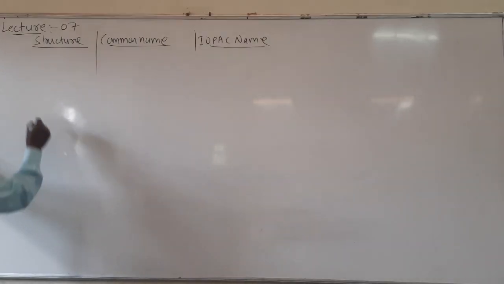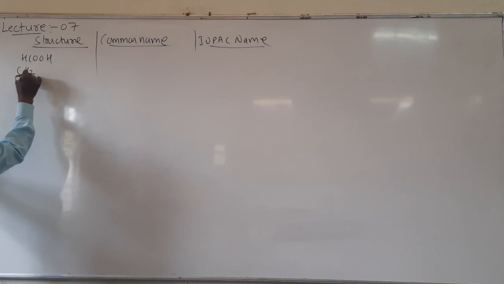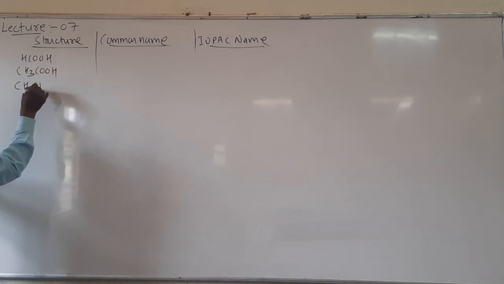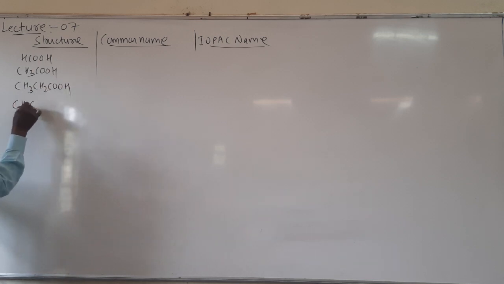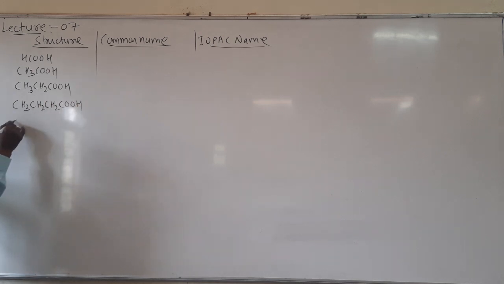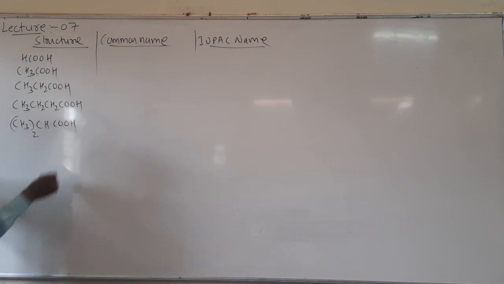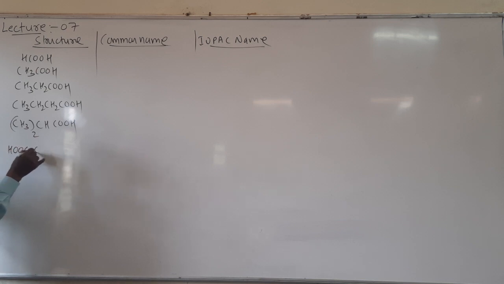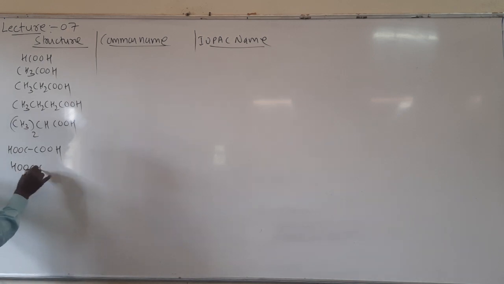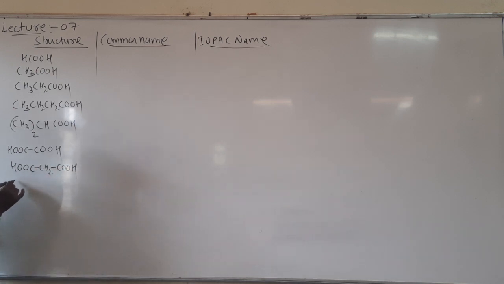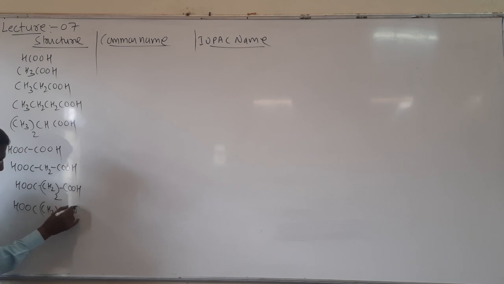I will write one by one. Formic acid, acetic acid, propanoic acid, butanoic acid, isobutyric acid, oxalic acid, malonic acid, succinic acid, glutaric acid, and then adipic acid.